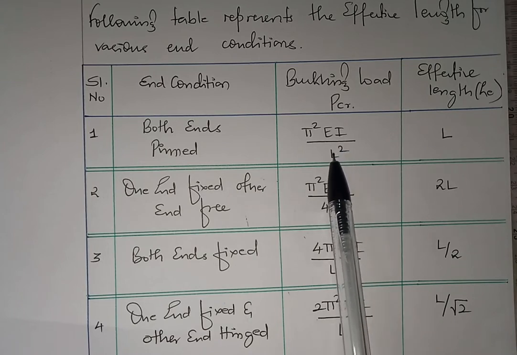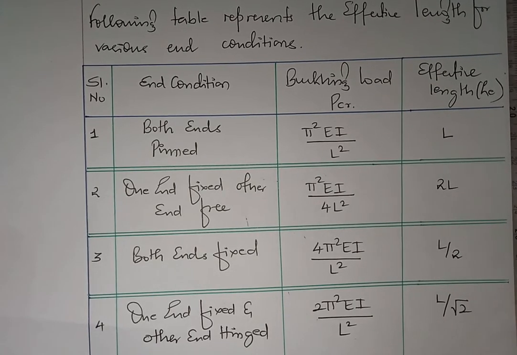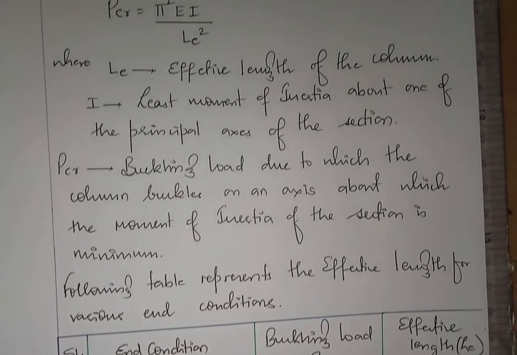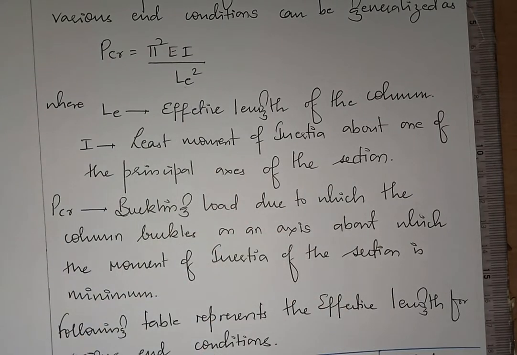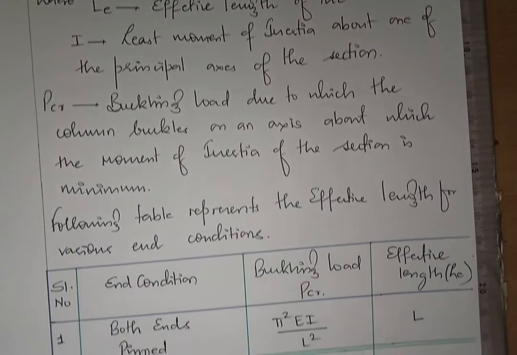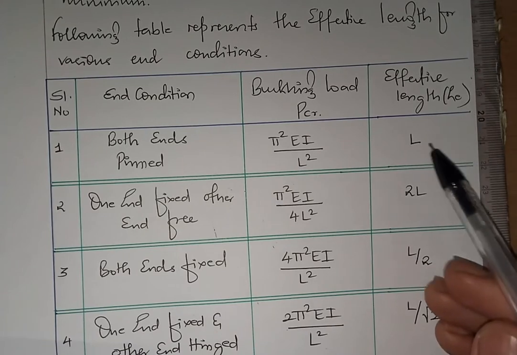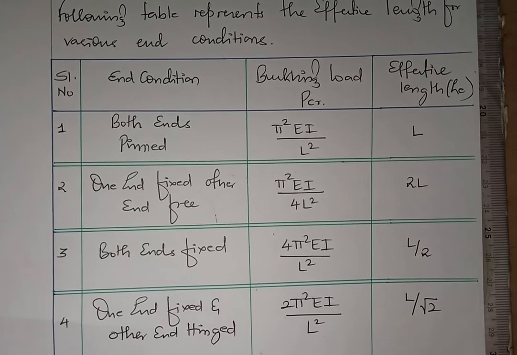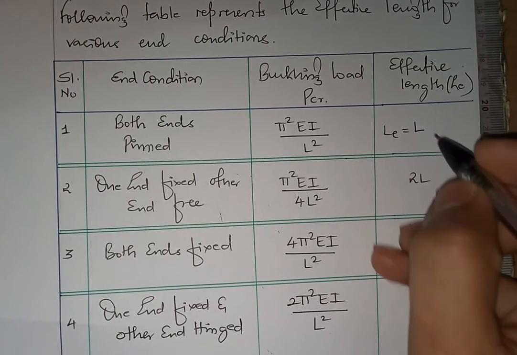If you compare this with the formula I told you just now, pi square EI divided by LE square, simply I can write that effective length is equal to L.